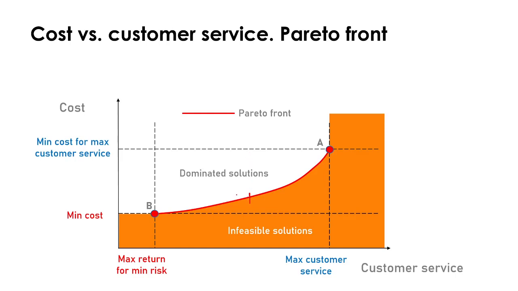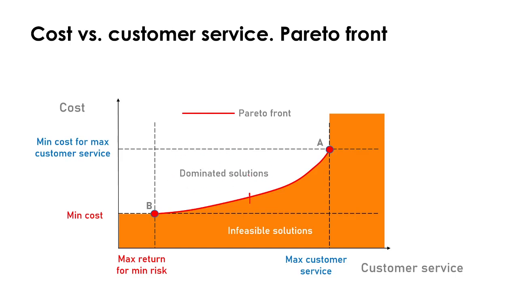And those to our left are solutions that for the very same cost provide us with a reduced customer service. So they are dominated, and the same goes for the rest of the area in white we have here. So for any point you select here, you can go down or you can go right and find a solution which is non-dominated, and it's objectively better than the one you can pick in this white area.